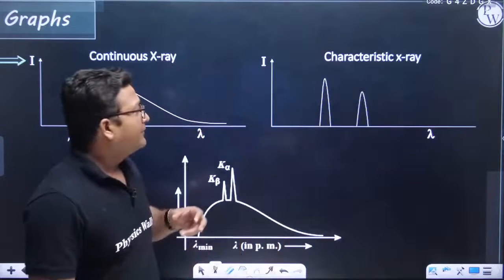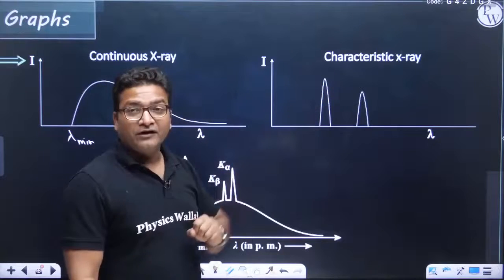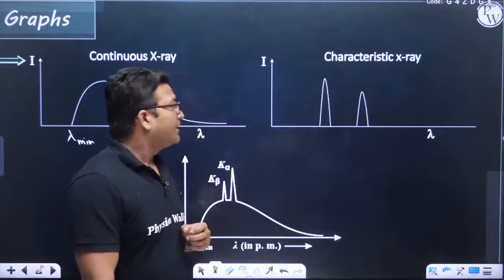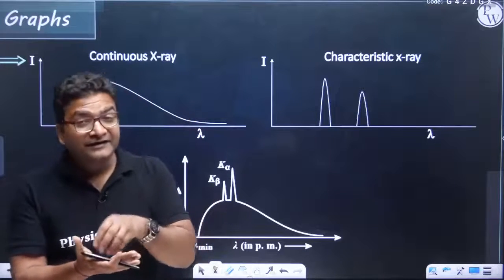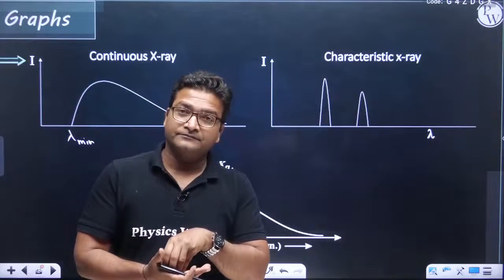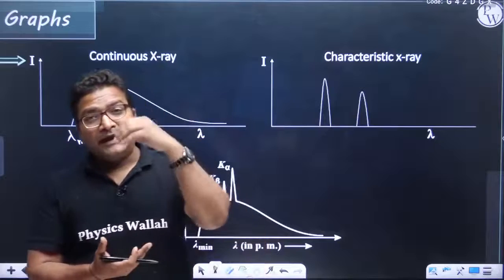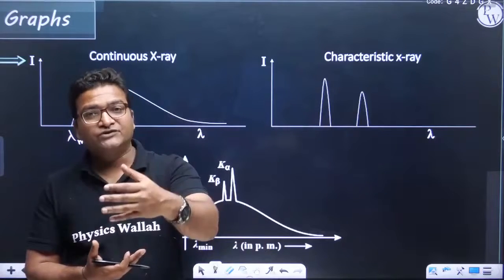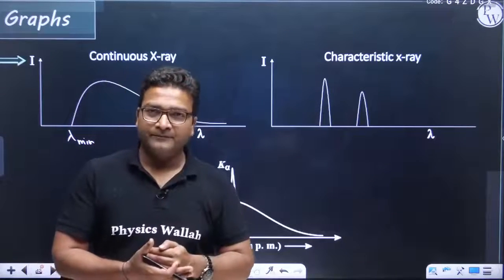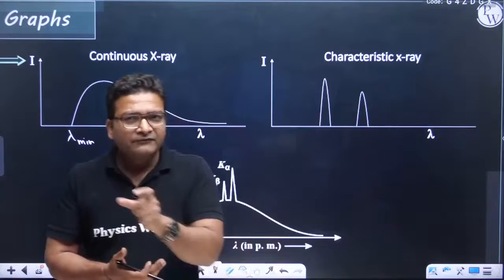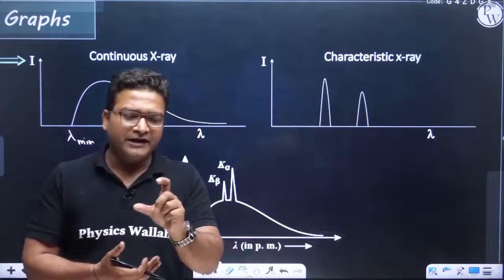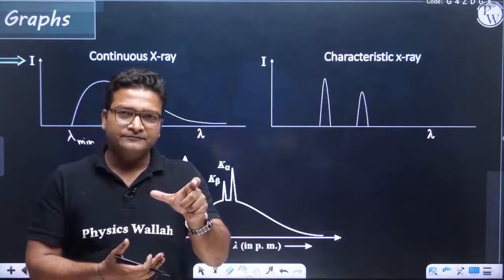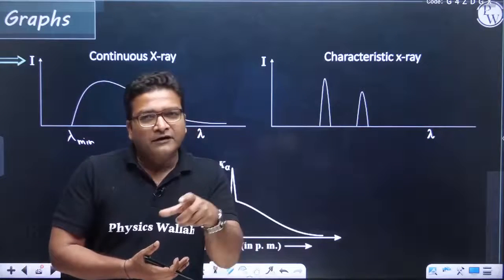But why characteristic X-rays? What are characteristic X-rays? You already know. When a vacancy is created in K shell, the electron from L shell or M shell fills this vacancy, and only certain wavelengths are emitted because the certain energy gap between K, L and M shells is converted into a photon.